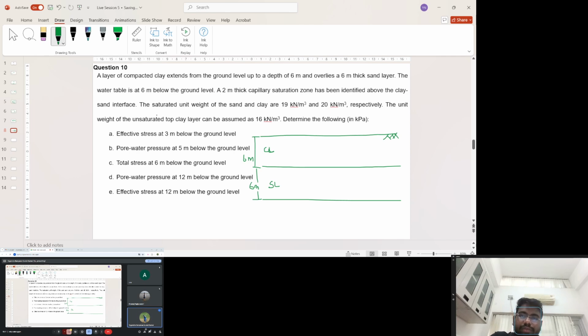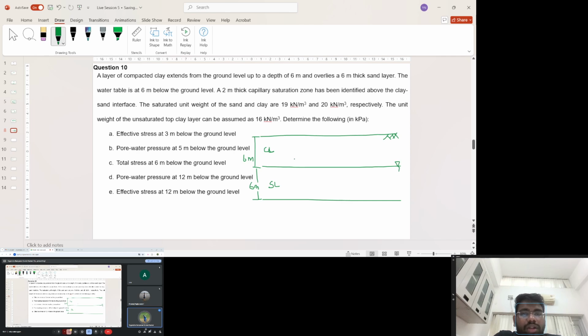Now the saturated unit weights of the clay and sand are 20 kilonewton per meter cube and 19 kilonewton per meter cube. A 2-meter thick capillary saturation zone has been identified above the clay sand interface, and the water table is at 6 meters beneath the ground level.